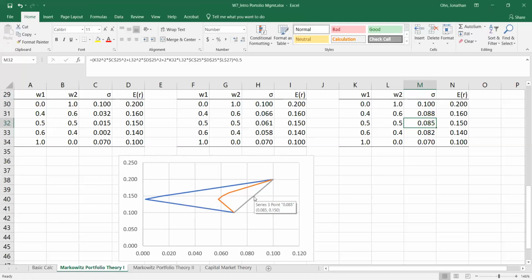So this one gives you much better results when the correlation coefficient is lower, negative. That gives you the benefit of risk diversification. This is called risk diversification. It's a graphical illustration of risk diversification in your investment.